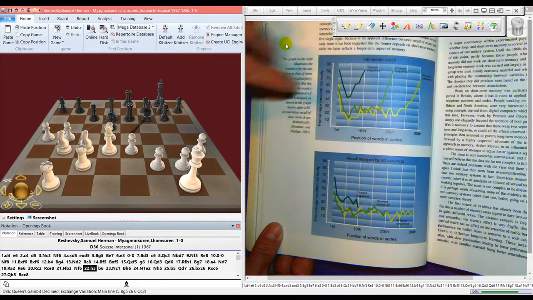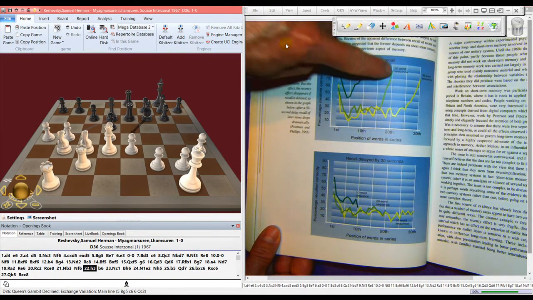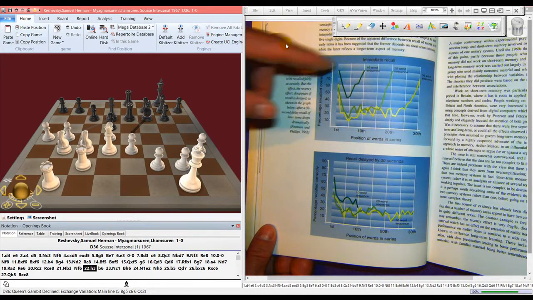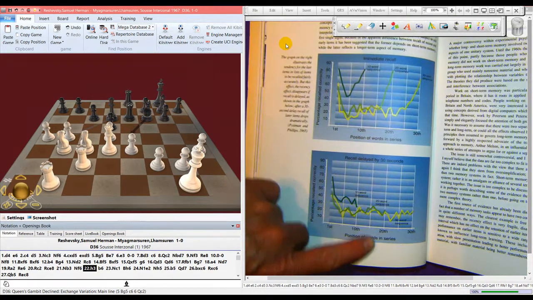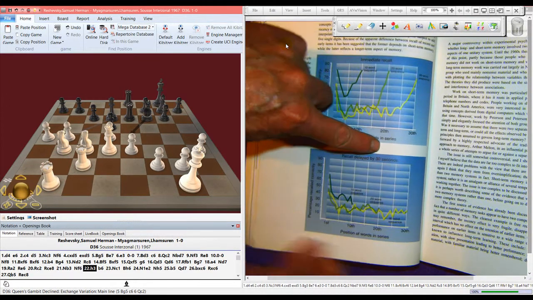Notice up there on the top, if you were trying to recall chess moves, whether it's in the opening, middle game, end game, think of the 10-word sequence like being a 10-move sequence. You can see there the difference in all of these.